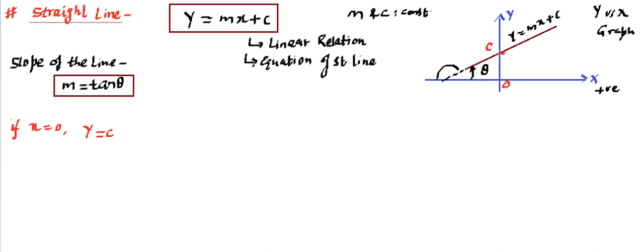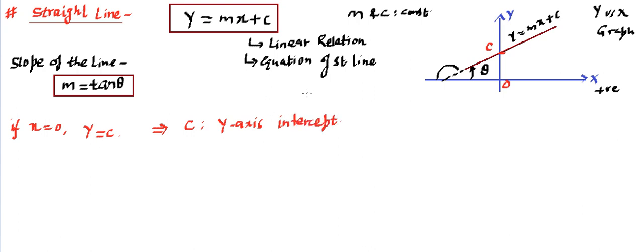So c is basically the intersection of the straight line with the y-axis. If the intersection of a straight line with the y-axis is given to us, we can easily find what that point is, and that point is c. So c is known as the intersection with the y-axis. Making sense? So we can conclude from here, c is the y-axis intercept.